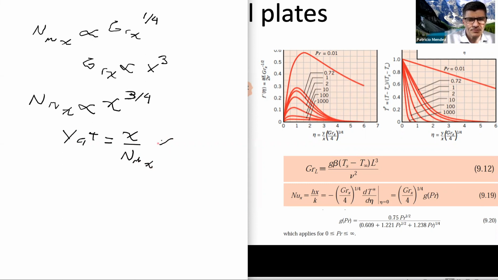Therefore, the thickness of the boundary layer would be proportional to x to the 1/4. This looks like a bunch of math, but let's take a look at this.